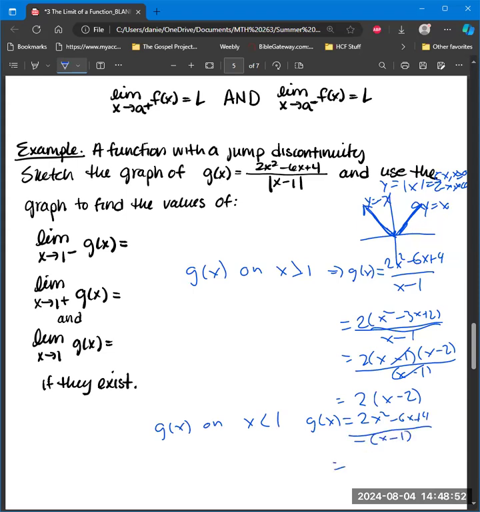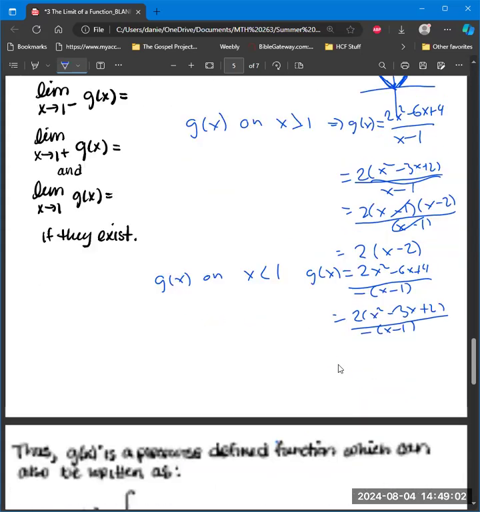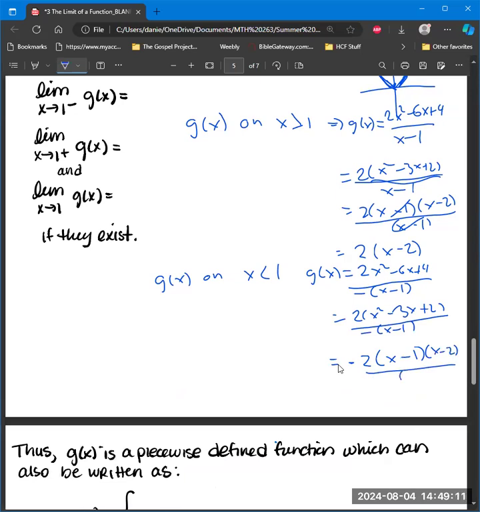So similar but different, x squared minus 3x plus 2 over a negative x minus 1 is going to be negative 2 times x minus 1 over x minus 2. x minus 1, I just brought that negative up there. It's going to be negative 2 times x minus 2.